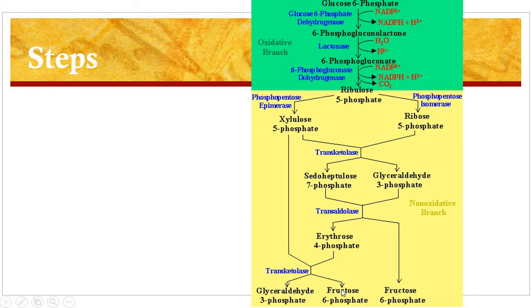We have seen that 2 fructose 6-phosphate are generated from here, 2 from here, and 1 from here, and all of these 5 fructose 6-phosphate will regenerate the 5 molecules of glucose 6-phosphate. So this is the summary of this HMP pathway: there is a production of 12 NADPH and 5 molecules of glucose 6-phosphate.